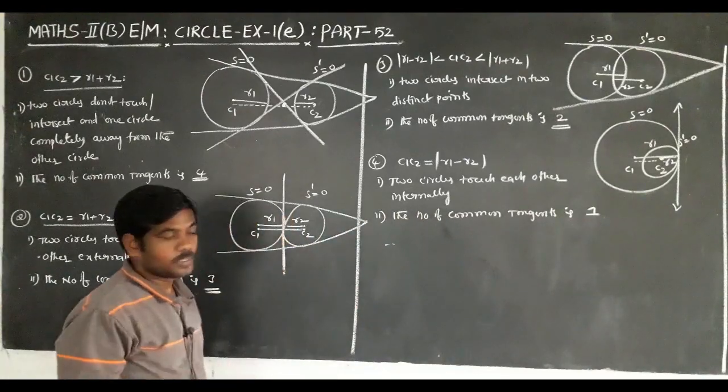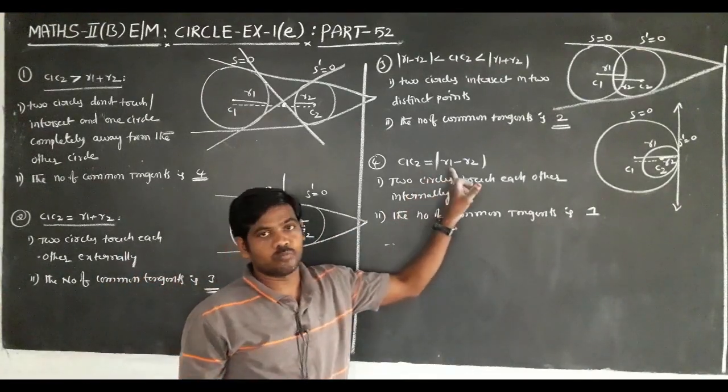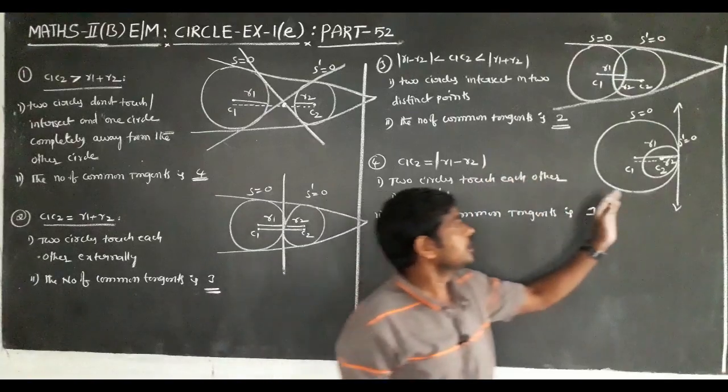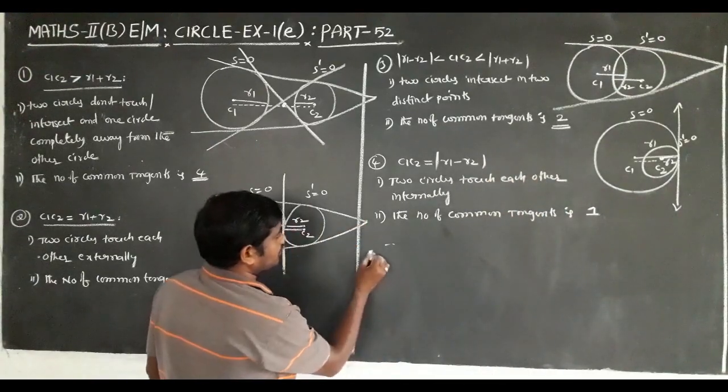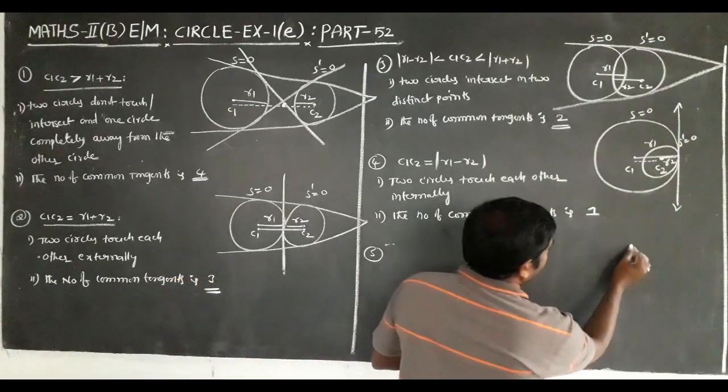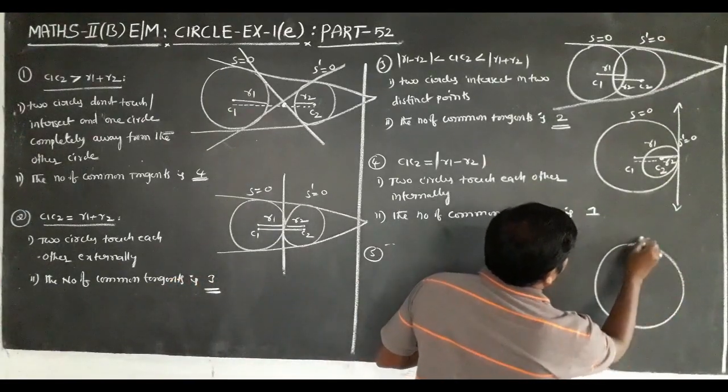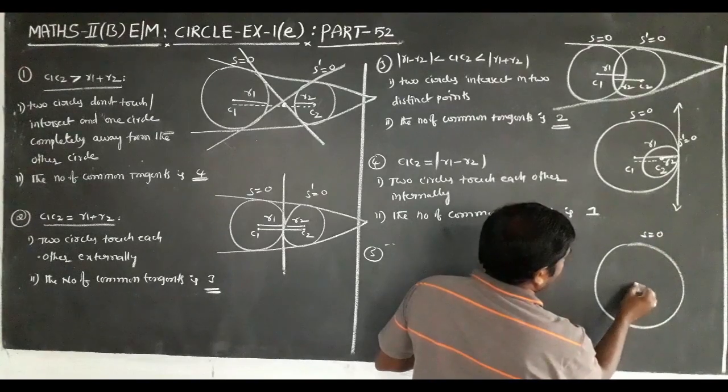If C1C2 is equal to mod of R1 minus R2, the number of common tangents is 1.